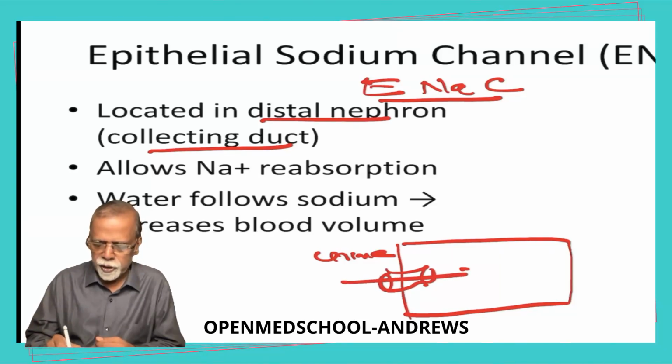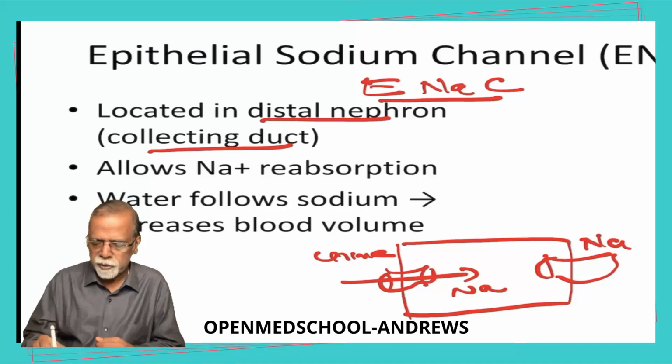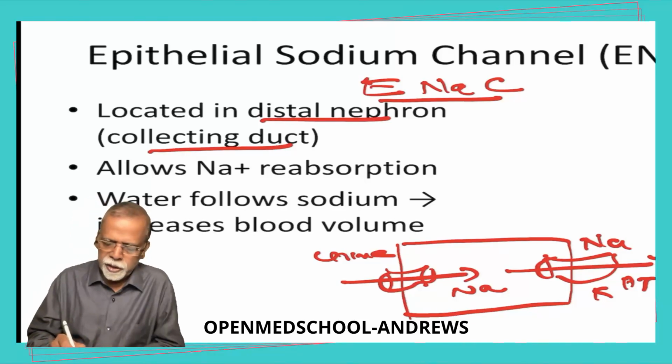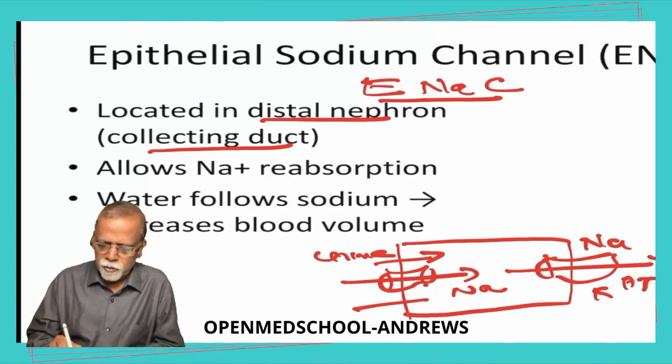They allow the sodium to get inside. And on the other side, by the sodium potassium ATPase pump, sodium is entering the blood. So when the sodium in the cells increases, the potassium will move out.